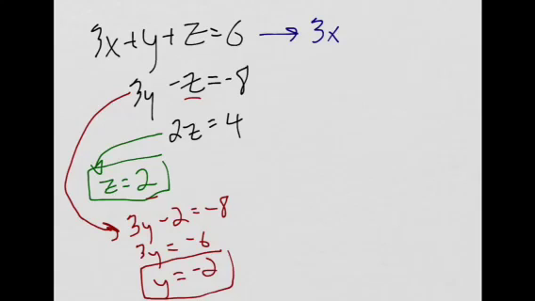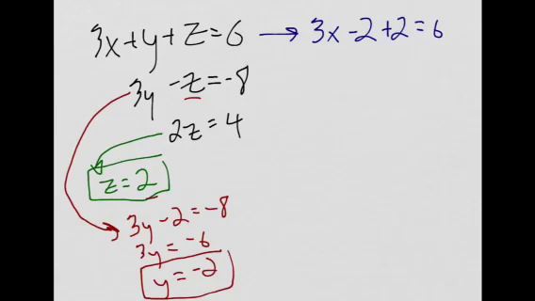Instead of writing plus y right here, I'm going to write minus 2 because I know that y is negative 2. And then I've got plus z, and I know z is 2, so I'm going to write plus 2. And then I fill in my 6, so I get equals 6.